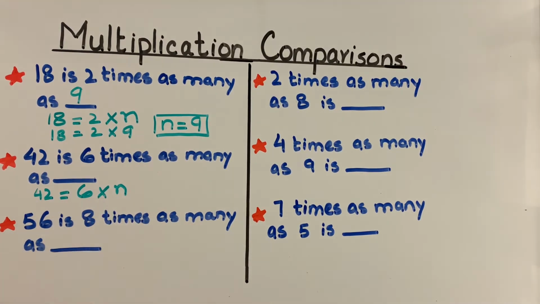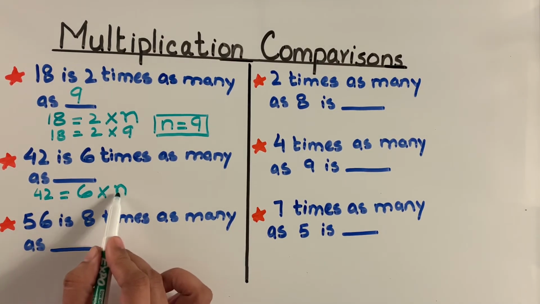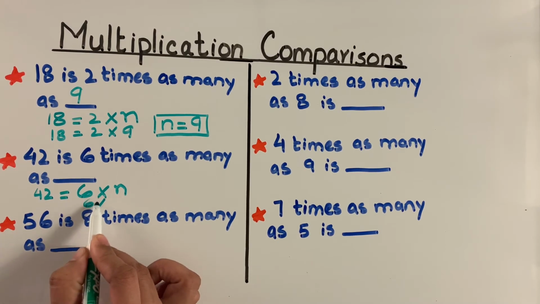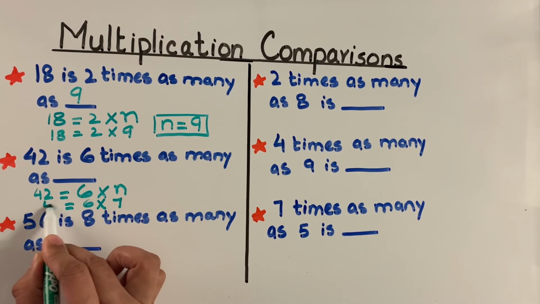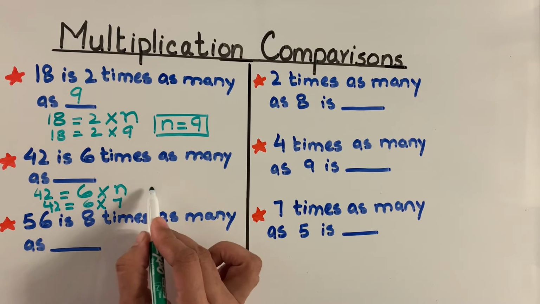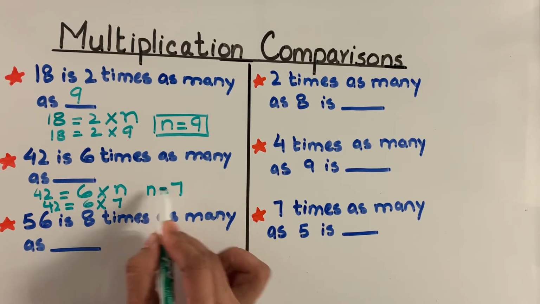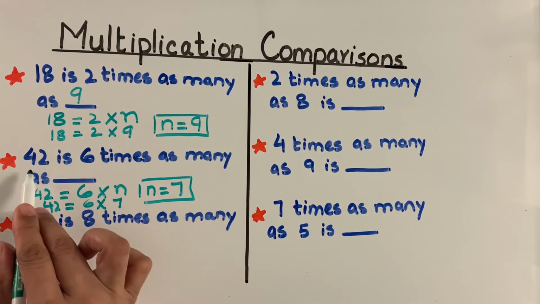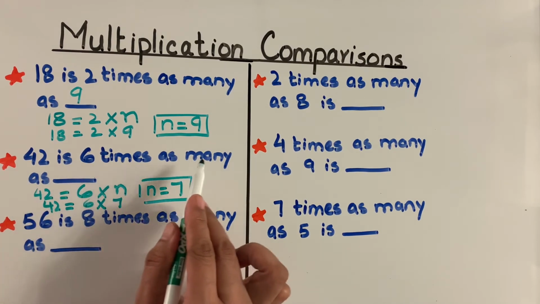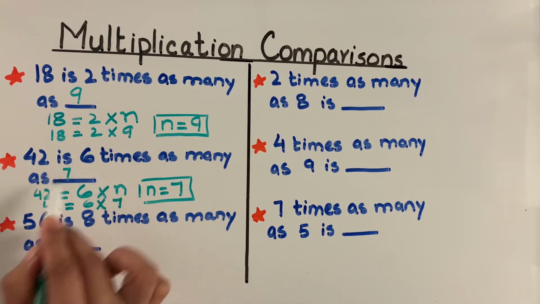We have to find this value. 6 times what is equal to 42? 6 times 7 is equal to 42. This means n equals 7. 42 is 6 times as many as 7.